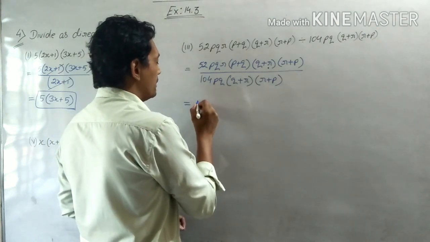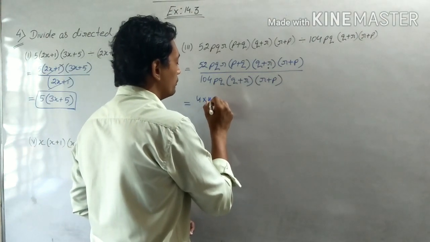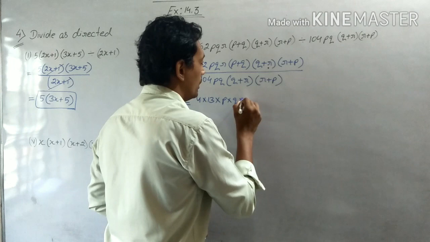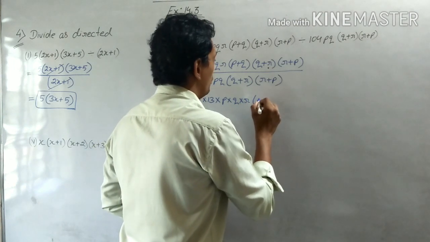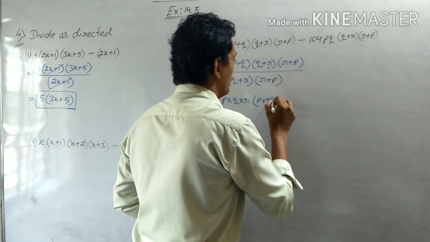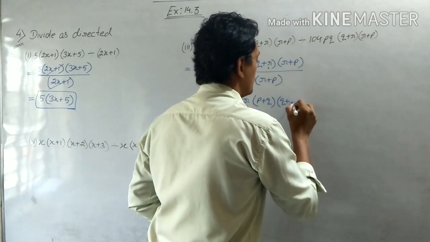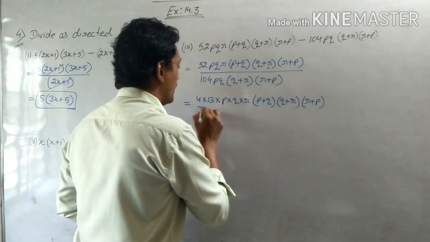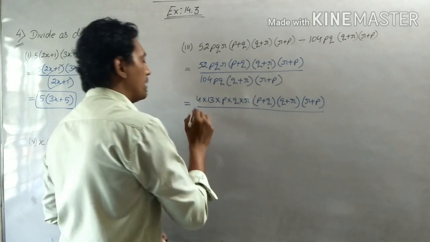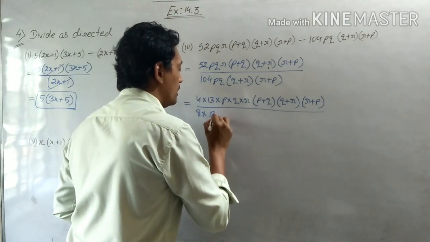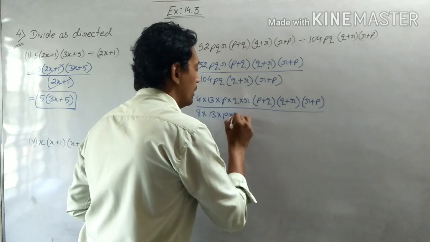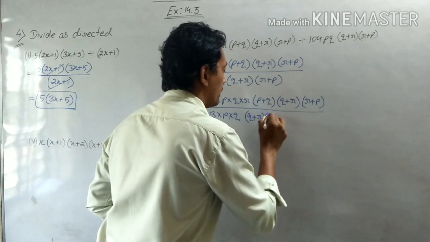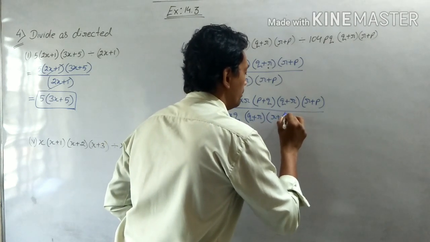So 52 can be written as 4 into 13 into p into q into r into p plus q into q plus r into r plus p, whole thing divided by 104, which can be written as 8 into 13 into p into q plus r into r plus p.